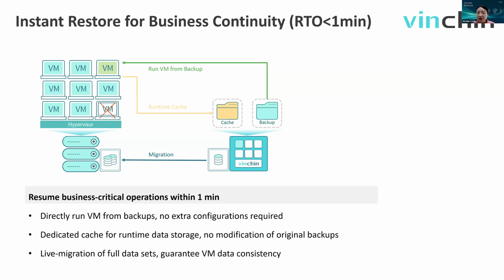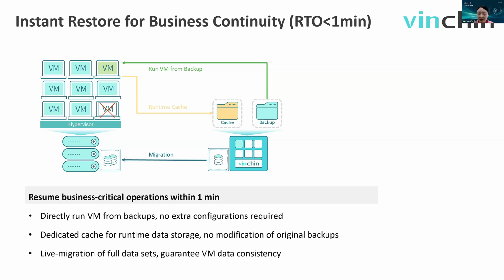And after the emergency has passed, or in the business off time, you can schedule the migration jobs to transfer the data back to the production area. There are 3 steps for the live migration to make sure the migrated virtual machine is in a data consistent way. The first step is to migrate the original backup data to the production area. The second step is to migrate the new data generated on the instant restored virtual machine during its running time.